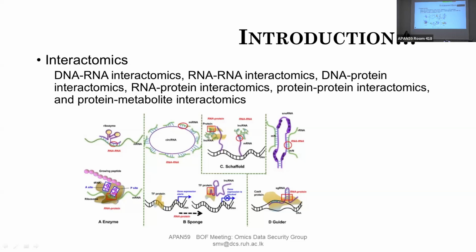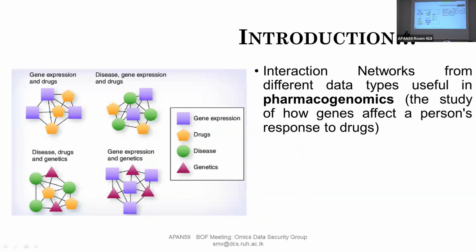We encode them differently. If it comes to sequence data, we encode in one way. If it comes to structural data, we encode it in a different way. If we think about interaction data, we have to encode it in another way. So they are multidimensional, with high dimension and different levels of data, and they are complex. That is the main idea. Because of that, you can see here disease, gene expression, and drug-related networks.